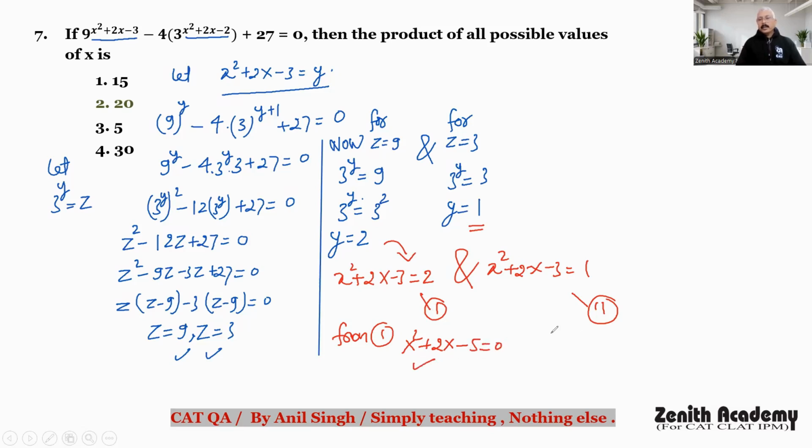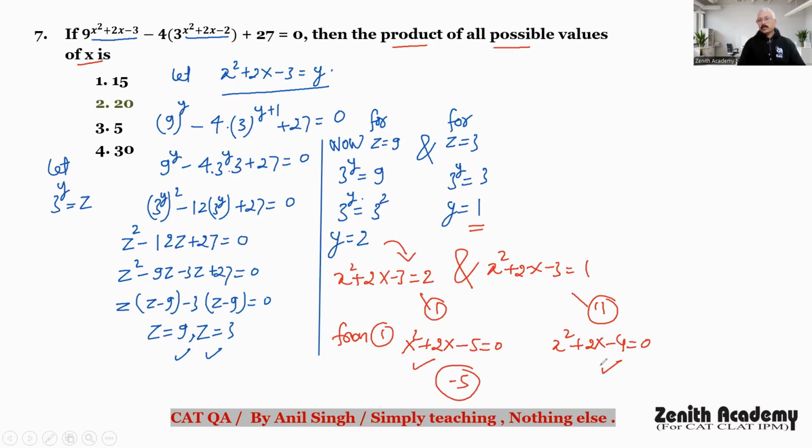And here, this is going to be x squared plus 2x minus 4 equal to 0. And the question is the product of all possible values of x. So in these equations, the product of the roots alpha into beta is c upon a, c is minus 5. So here the product of roots is going to be minus 5.